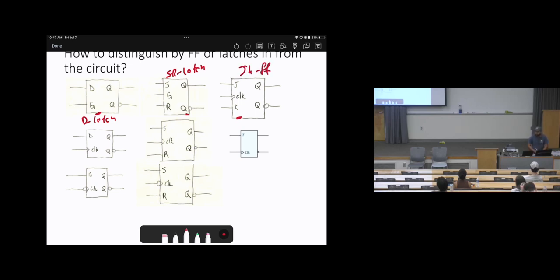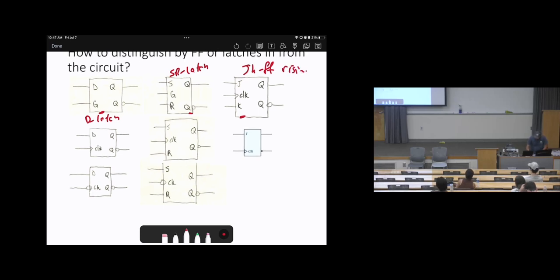Flip-flop. Is it rising or falling, or positive or negative edge? Rising, yes, or positive edge. How about this one? D flip-flop. Is it rising or falling? Rising. How about this one? SR flip-flop and rising, right?